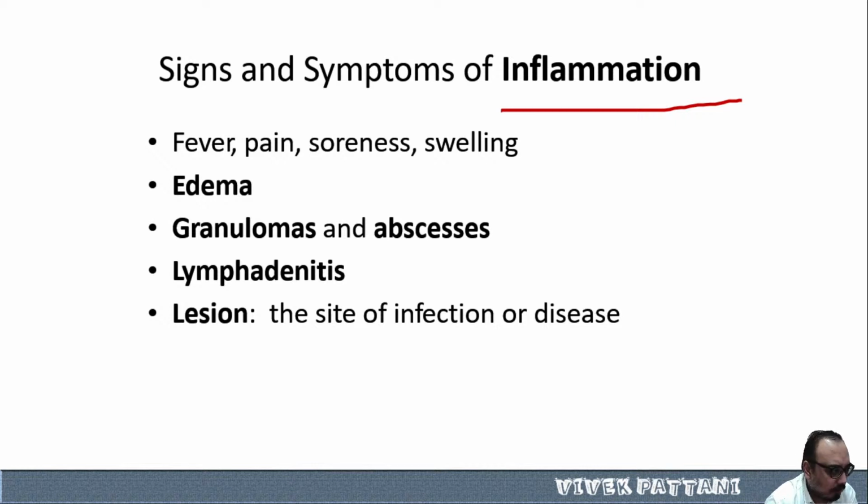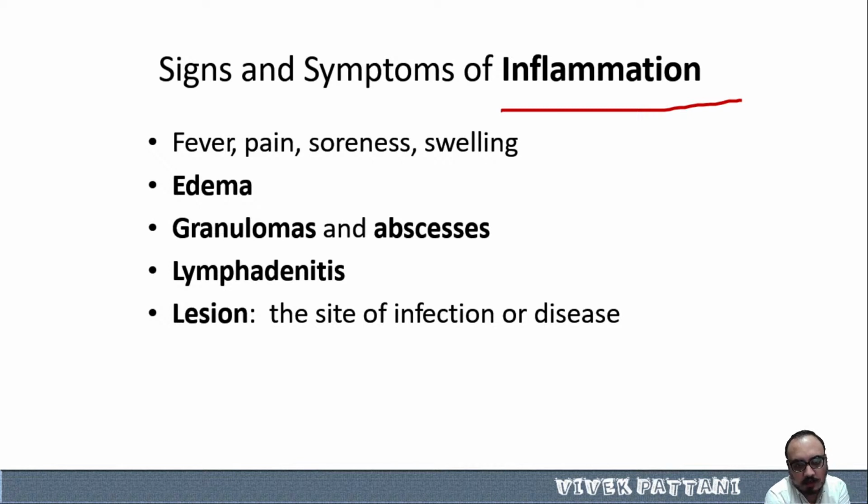Now what do you mean by edema? Basically edema is a medical term used for swelling, where body parts start swelling due to an injury, or due to inflammation as well.